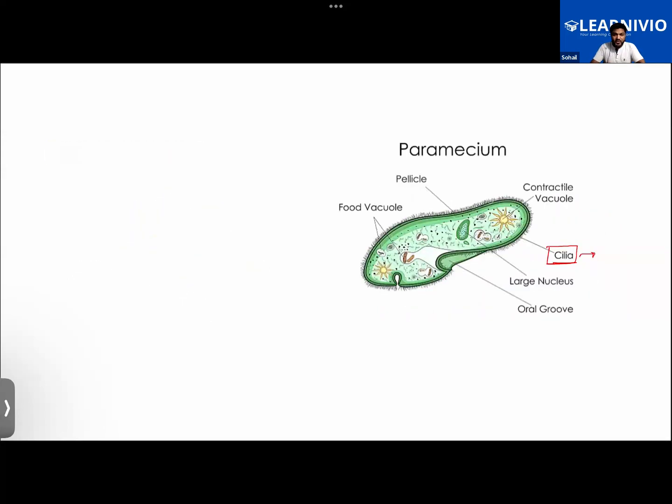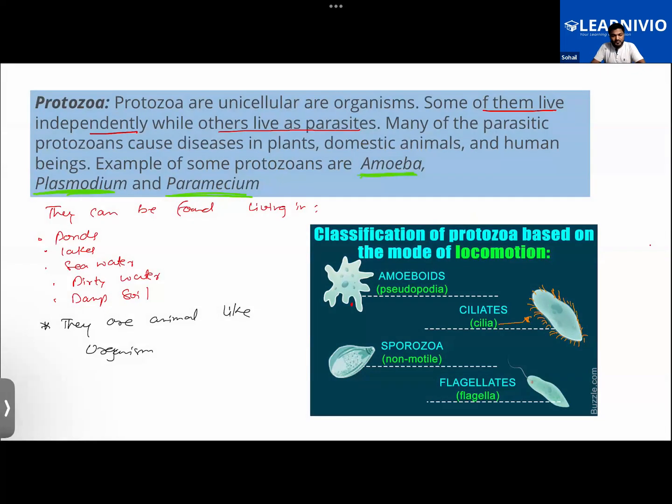Where do we find protozoa? Lakes, rivers, and dirty water. Okay, drain water, and in damp soil. So in those places you can find them.